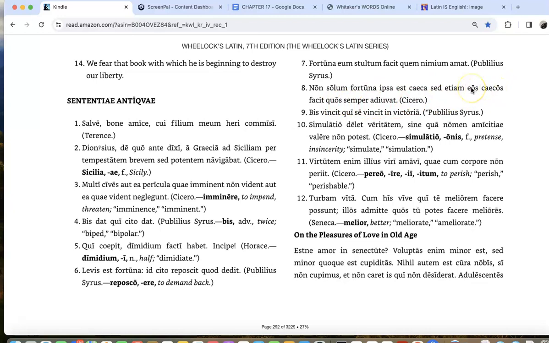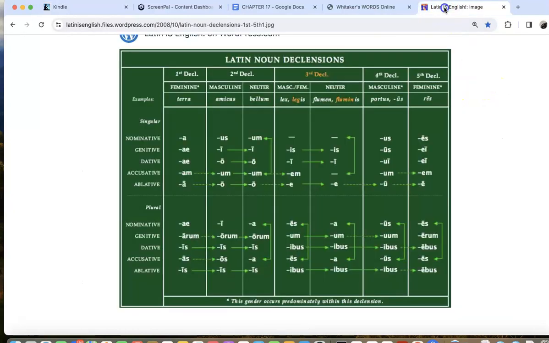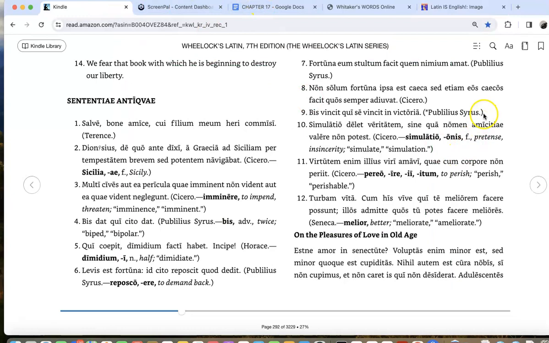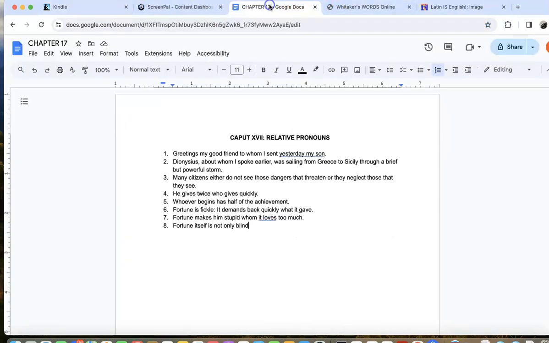So we need to be able to recognize these are both in the accusative plural of the second declension, namely os. So caecos for those blind, eos. But it also makes those blind.